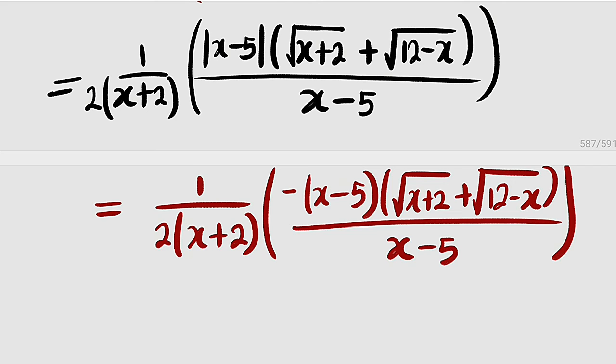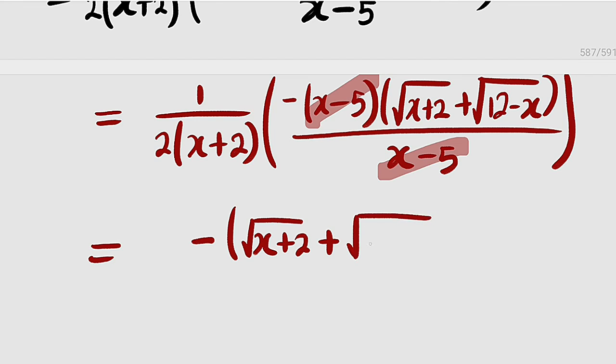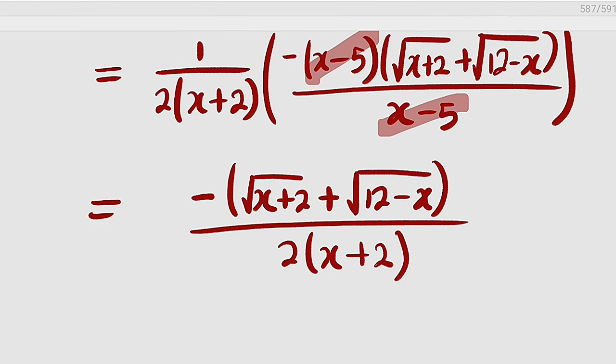So from here you can see x minus 5 will cancel x minus 5. What do we have to the top? Let me bring it back. This is equal to negative the whole of the square root of x plus 2 plus the square root of 12 minus x, right? Divided by 2 times x plus 2.